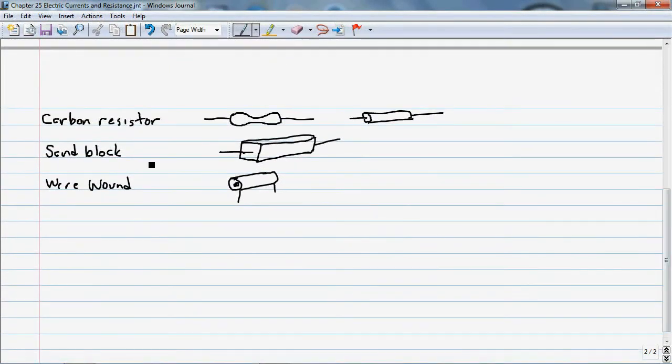Now, for carbon resistors especially, there is a way of telling the value of the resistor. And there's a table in the notes and in the book for a resistor.